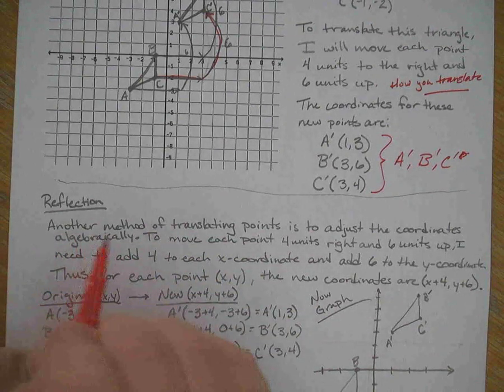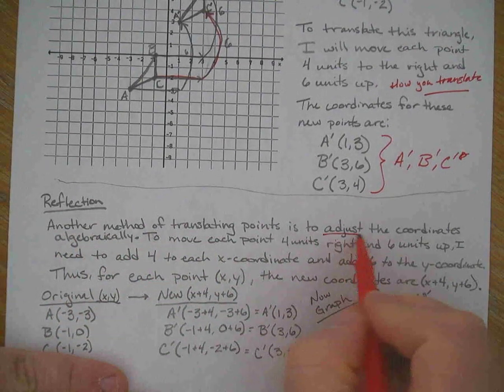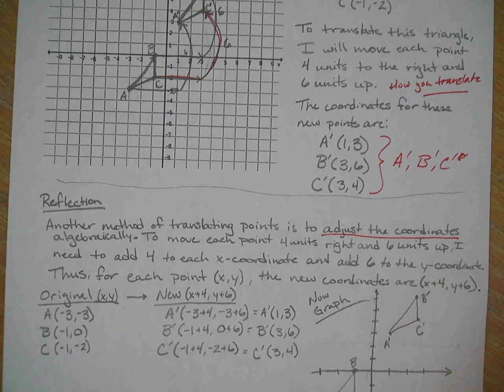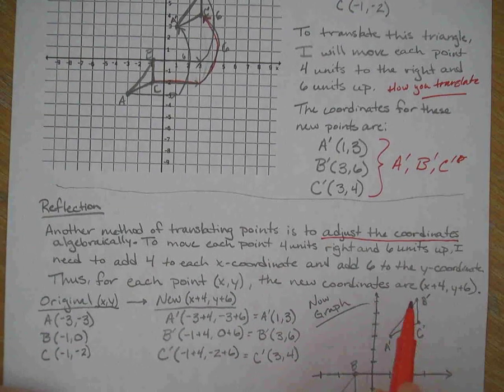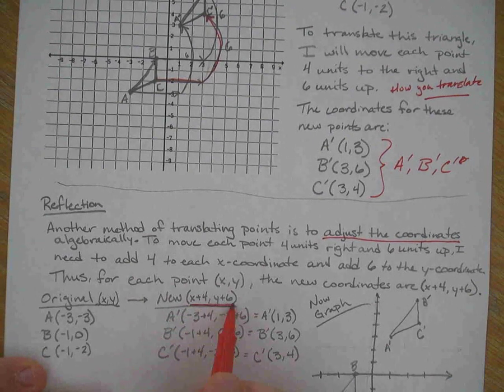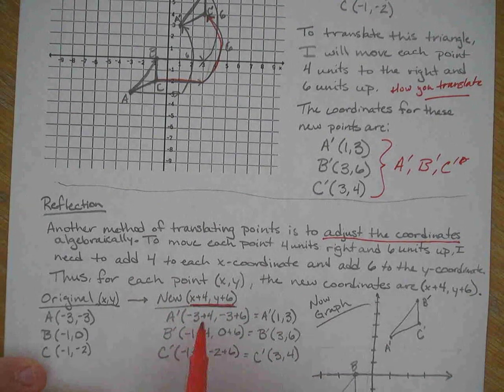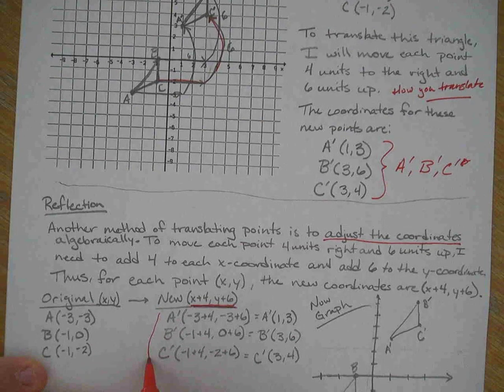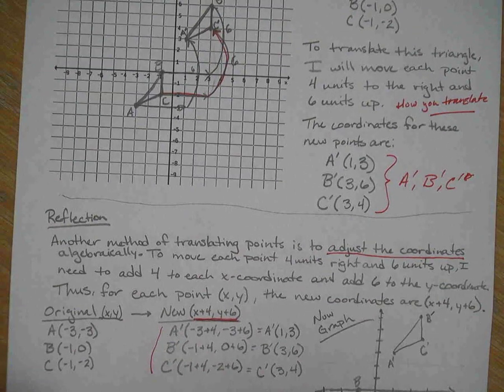So this, I would say, is an important part, saying what I'm doing again, how I'm going to move, how I'm going to translate that triangle. And when you're doing it the coordinate manipulation way, you definitely want to show what you have to do to each coordinate, and doing it throughout here is very important also.